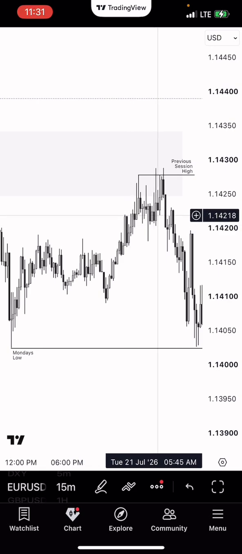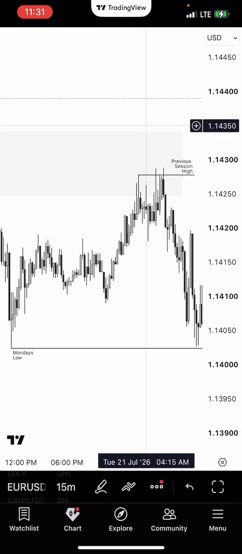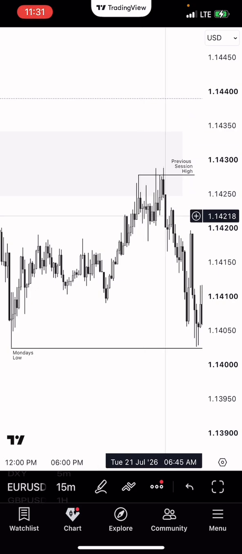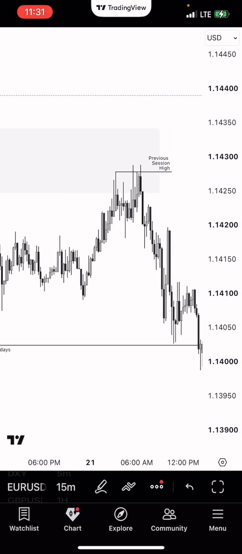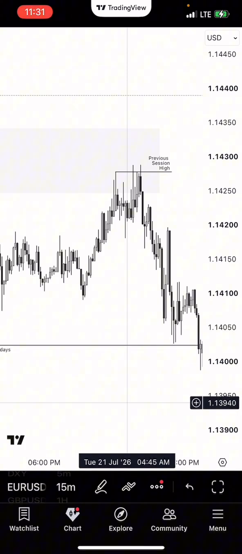During London opening, another candle that formed after the London session took out the high and closes below the high. It forms a CISD. So from this spot, I started looking for down prices.